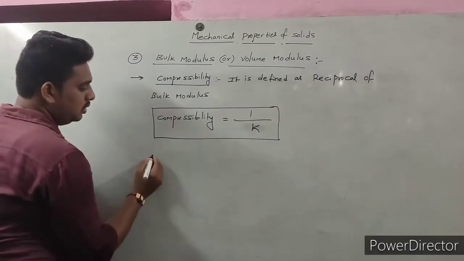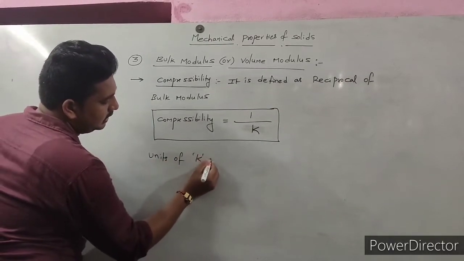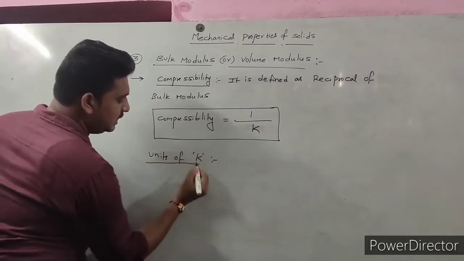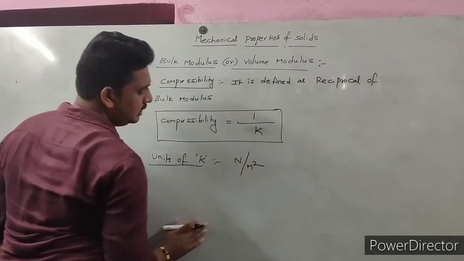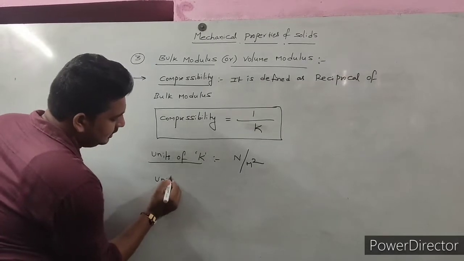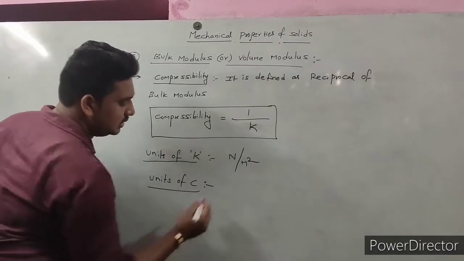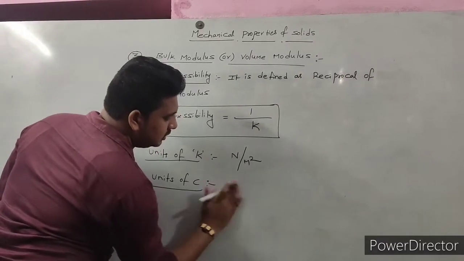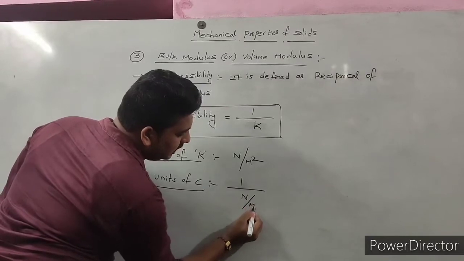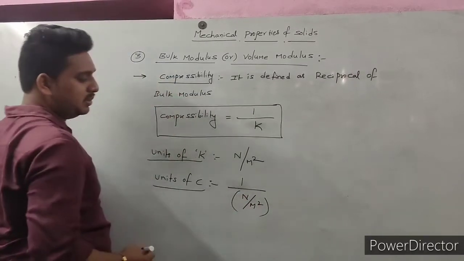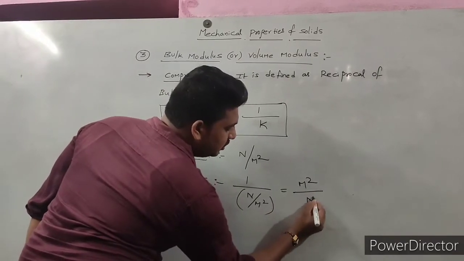Okay. So the unit of K is Newton per meter square. The unit of C is 1 by Newton per meter square, then we get meter square per Newton.